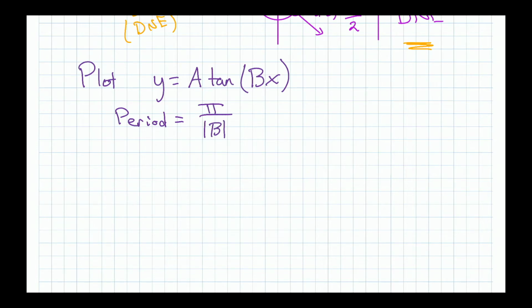Now you probably remember the previous lecture, or previous 2 lectures, where we did the period of a sine and a cosine, and it was 2 pi over b, right? But that's only for sine and cosine. The reason it's 2 pi over absolute value b for sine and cosine is because the sine and the cosine repeat themselves after 2 pi, normally.